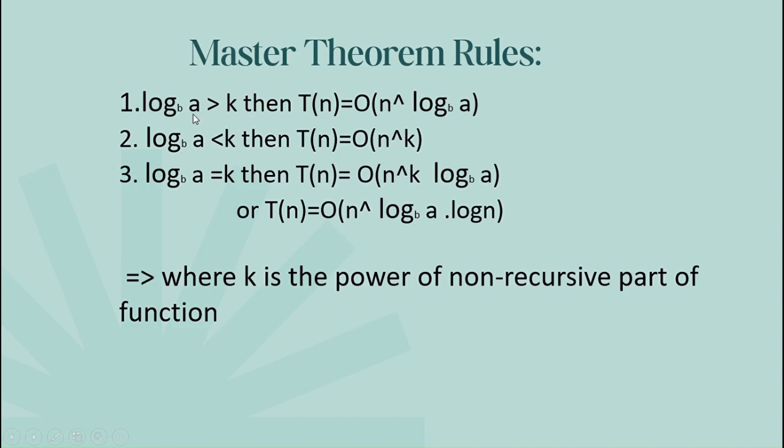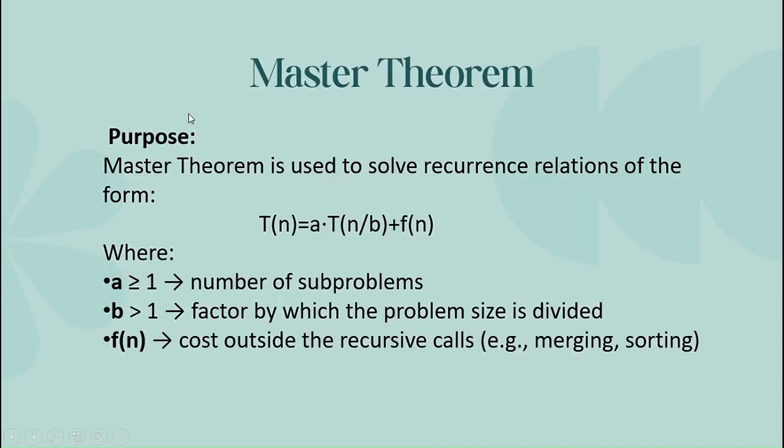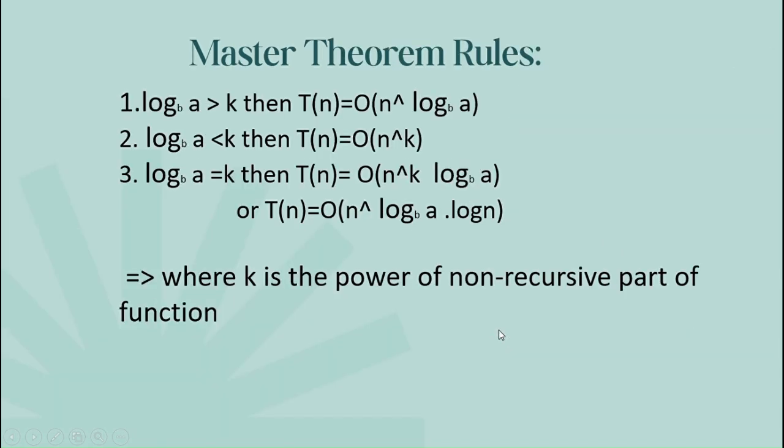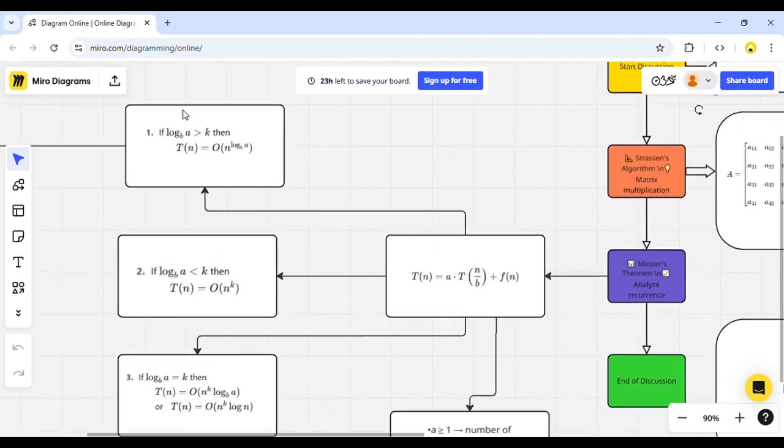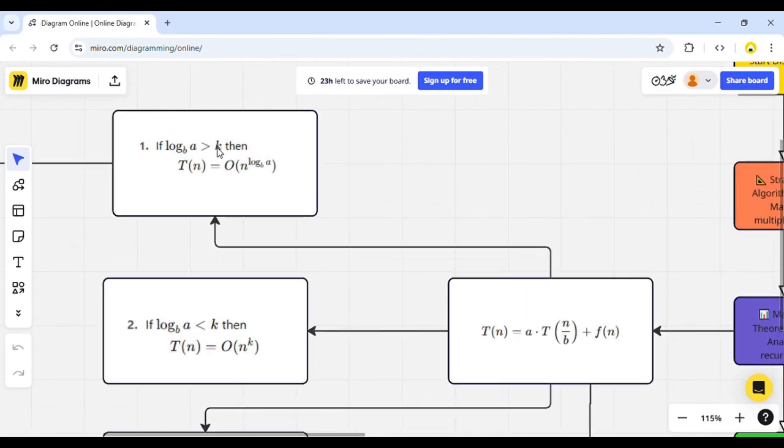Here a and b are the same as in the formula: a is the number of subproblems and b is the factor by which we divided our problem. If log base b of a is greater than k, then our time complexity will become big O of n raised to power log base b of a. The greater part becomes the power of the big O.